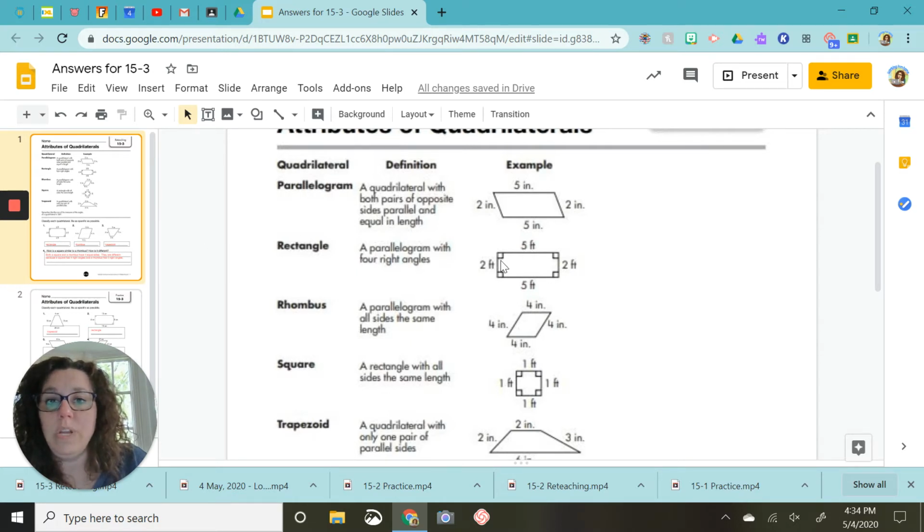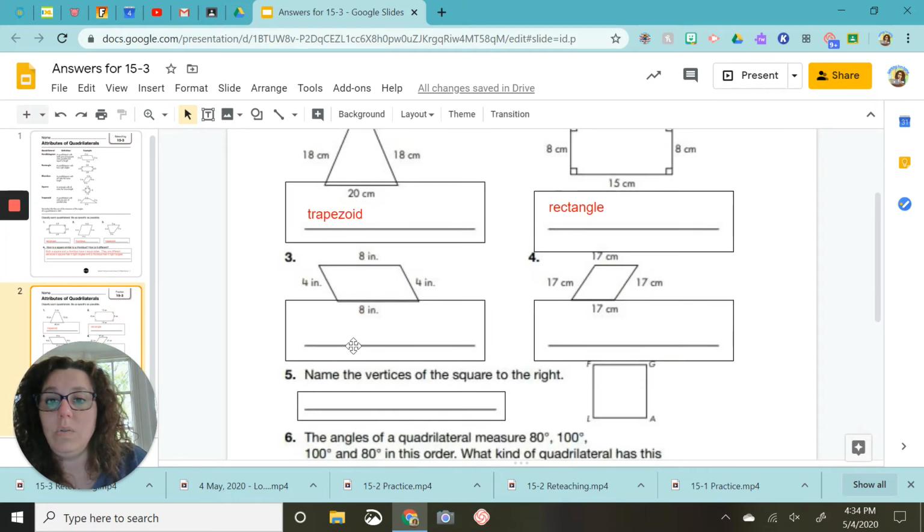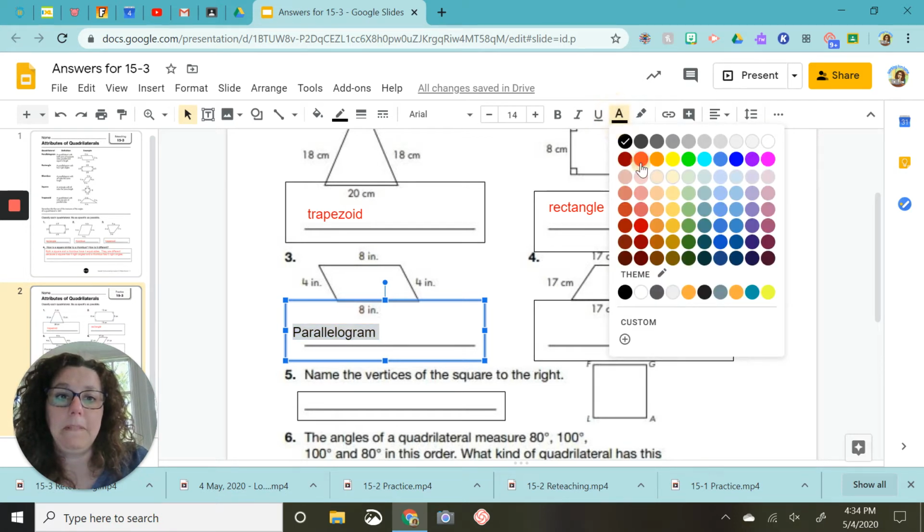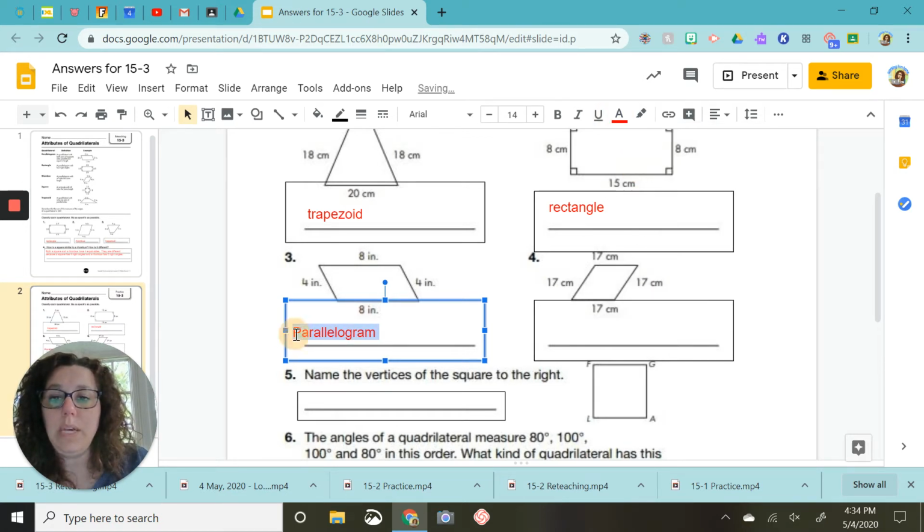When you have right angles, your only choices are rectangle and square. So this is going to be a parallelogram. I think I spelled it right. Okay, and then I'm going to the next one.